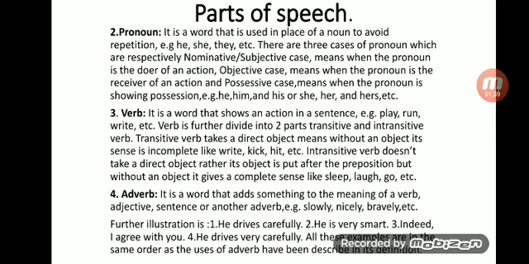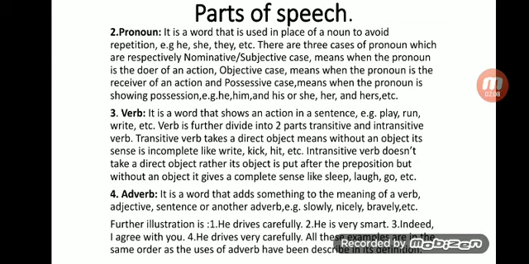There are three cases of pronoun which are respectively nominative or subjective case, means when the pronoun is the doer of an action. Objective case means when the pronoun is the receiver of an action. And possessive case means when the pronoun is showing possession.